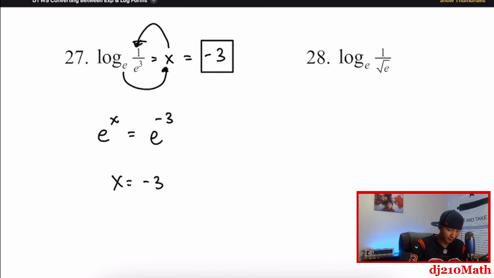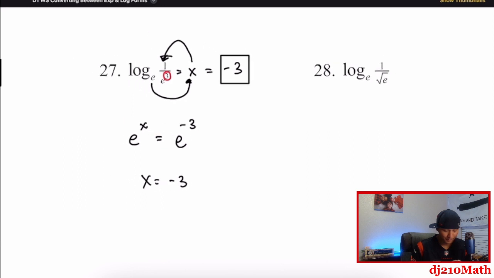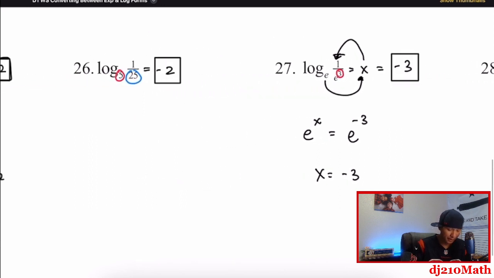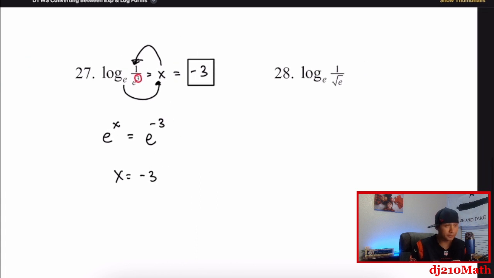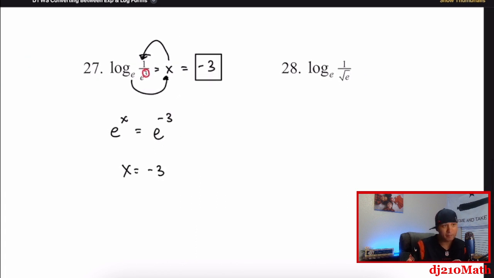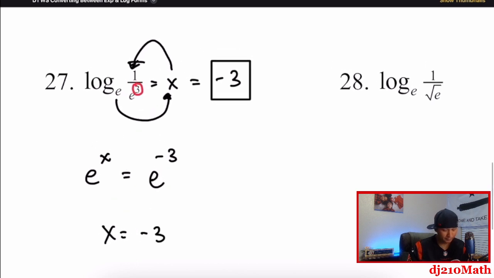So notice that 3, the power, that's basically our answer. Right, especially back here, you could rewrite this as 5 squared. And then our answer was 2, but because it was in the denominator, it's -2. That's exactly what's happening here. The answer is 3 because it's the power, but because it's in the denominator, it's -3.